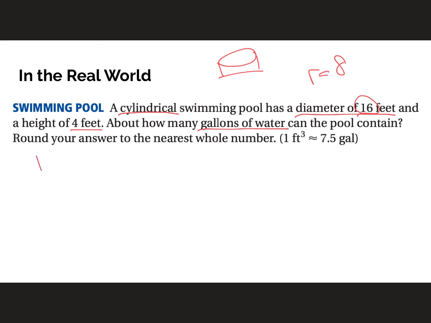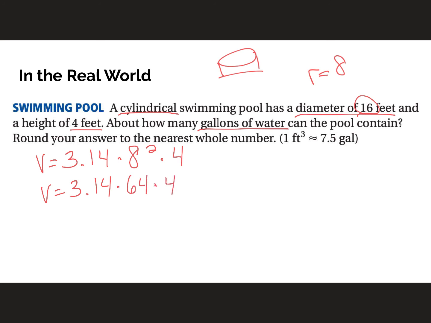So to find the volume, we're going to do 3.14 times 8 squared, which we know is 64, times 4. So we got 3.14 times 64 times 4.